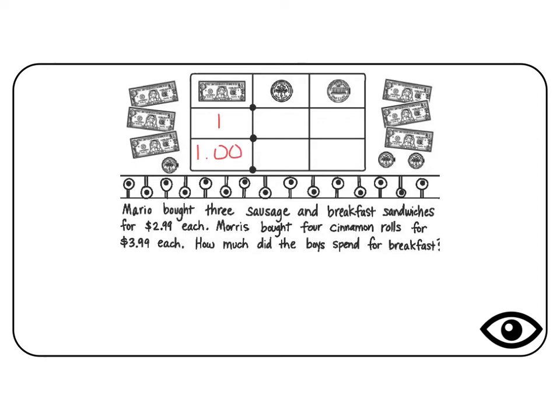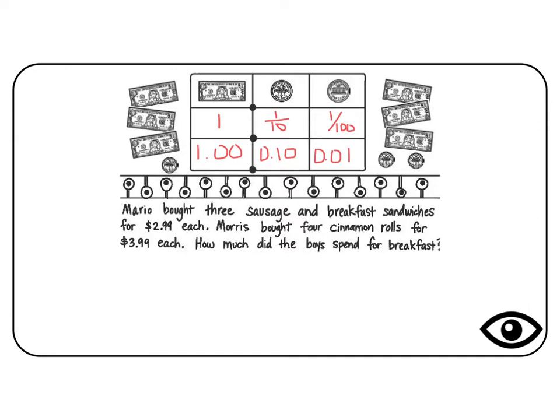Our next place value is the tenths place. It is worth 1/10 of a dollar or the decimal 0.1. And our smaller place value is a penny. That would be worth 1/100th, written as a decimal.